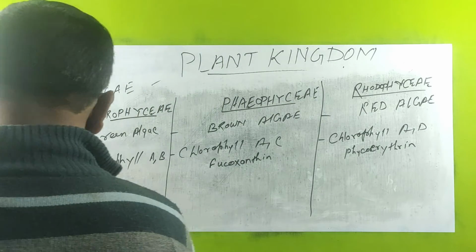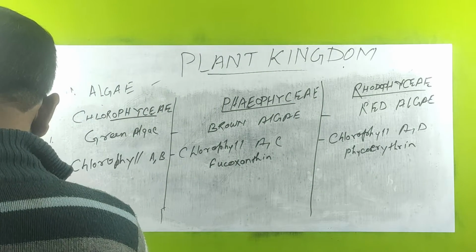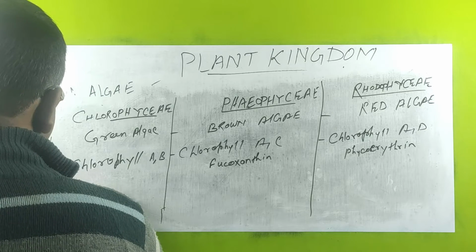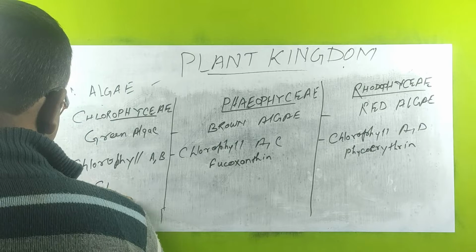And the next is what they store. Food stored in green algae is starch.